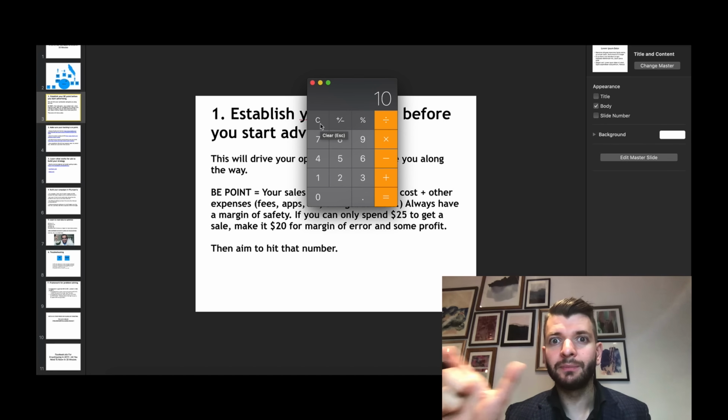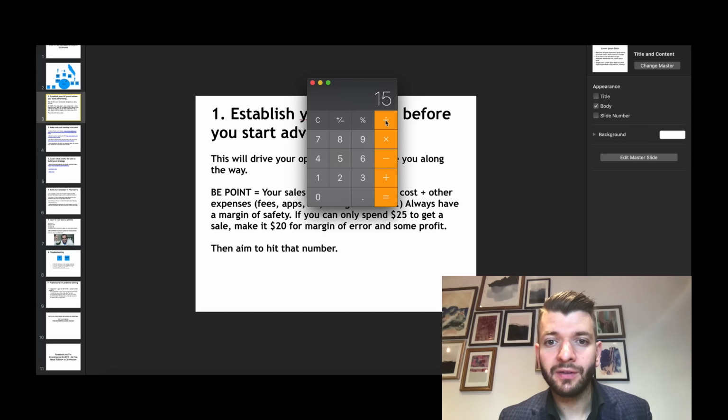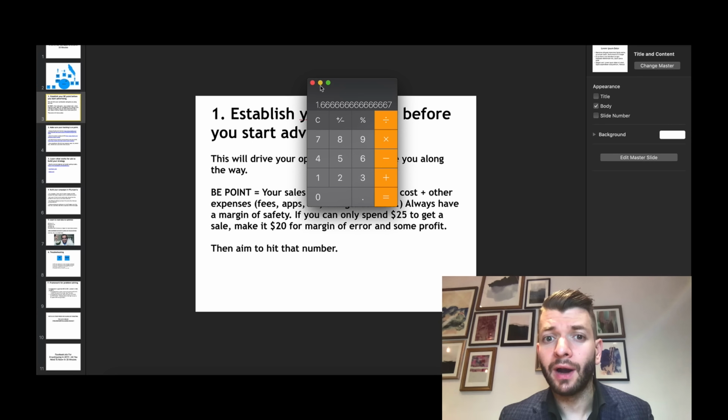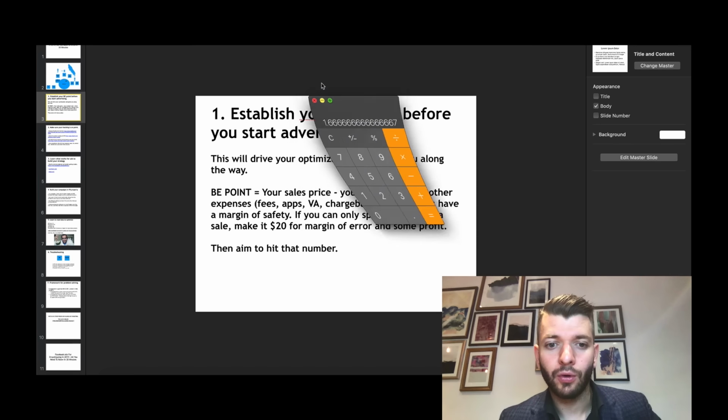So that margin, that difference, is $15. In that case, you would divide 15 by 25, which is 0.6. So you can divide 25 by 15. It will be 1.6, the minimum return on ad spend that you have to aim for just to break even, right? So you have to calculate these numbers beforehand, so when you start advertising, you know what to aim for.